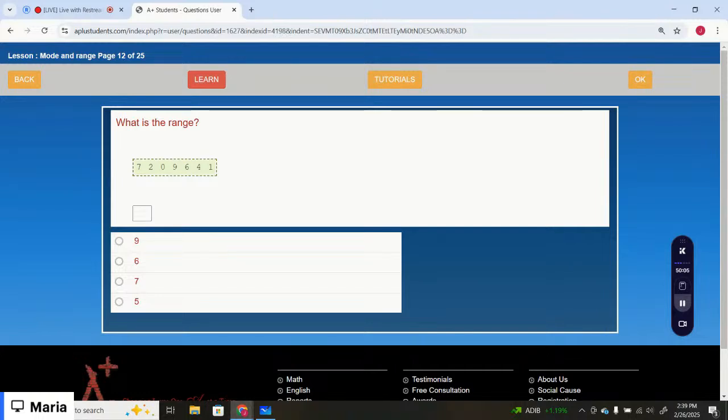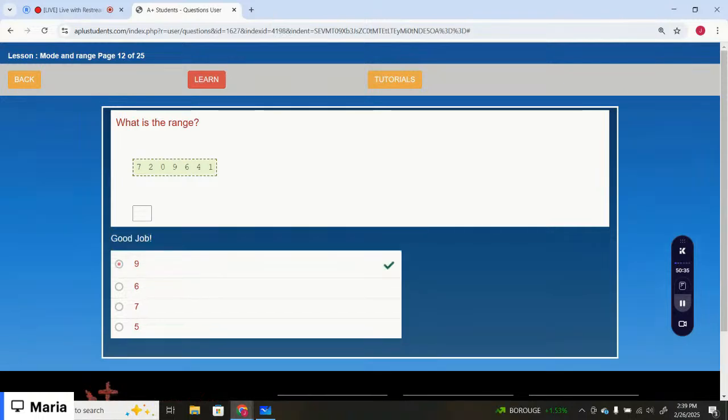What is the range? The range is the difference between the greatest and the smallest number. That is 9 minus 0. 9 minus 0 is 9. Option number 1 is the correct option.